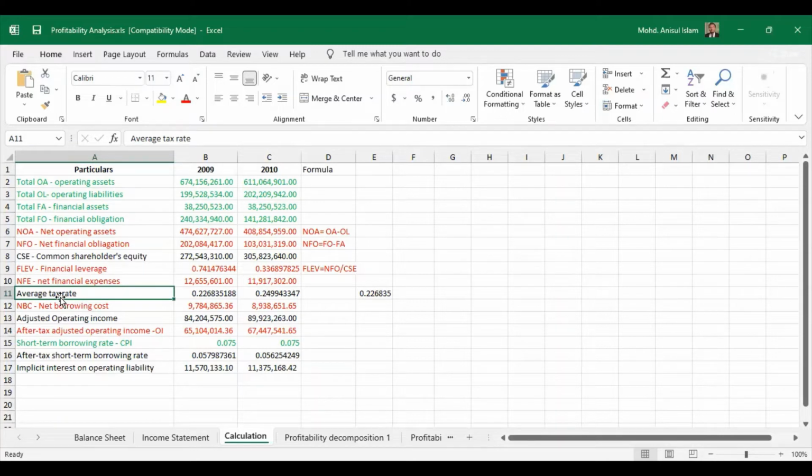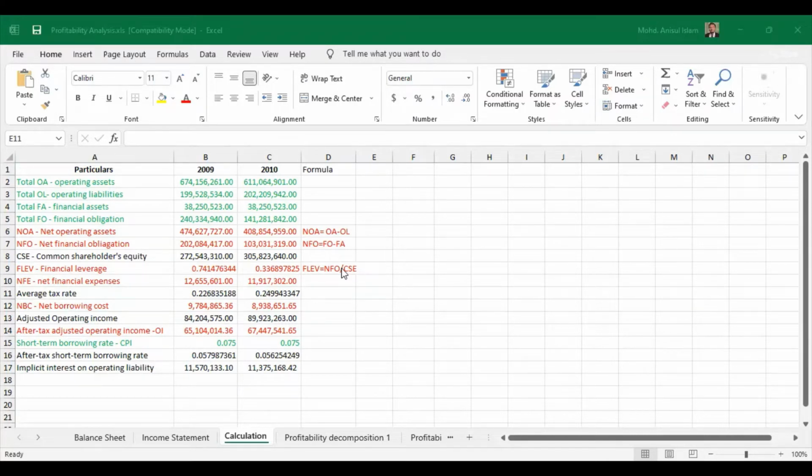Okay, so you can recall that in reformulation, which tax rate should be used? Effective tax rate or the marginal tax rate? The question to you. You can recall the marginal tax rate. Okay. So right now we do not have the marginal tax rate.